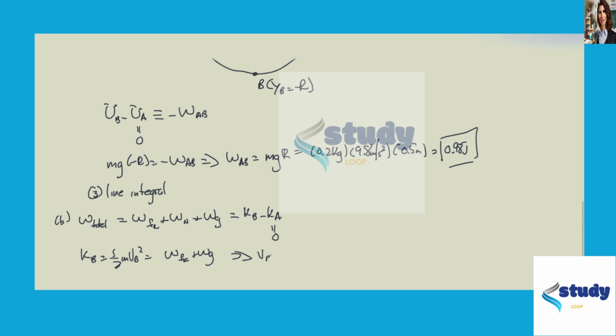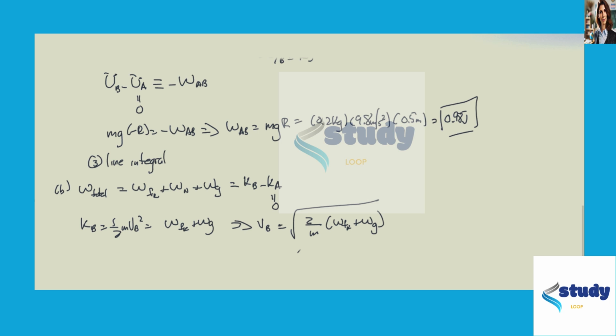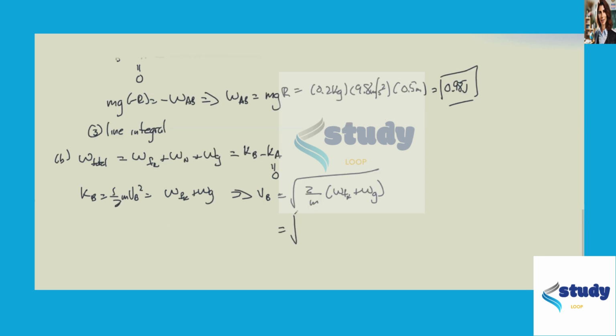Solving for Vb, square root of 2 over m times (Wfk plus Wg). And we can put in our values to get the speed at B: 2 over 0.2 kilograms times (minus 0.22 joules plus 0.98 joules). And this comes out to be 2.8 meters per second. That is the speed at point B.